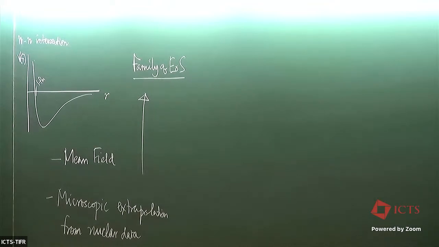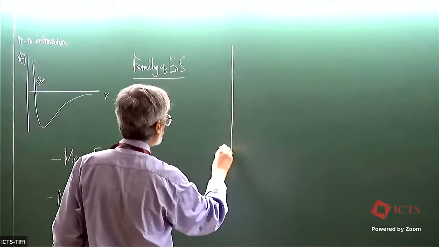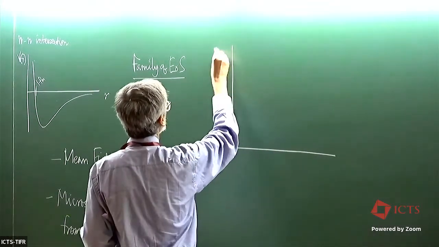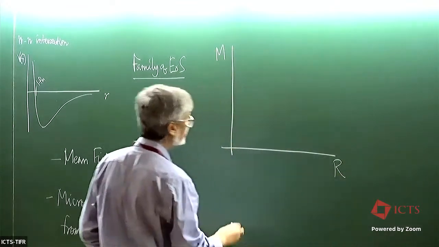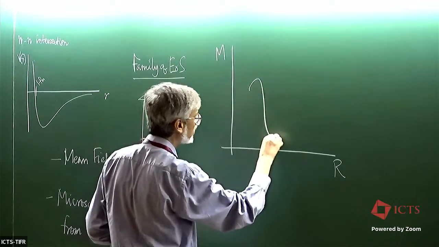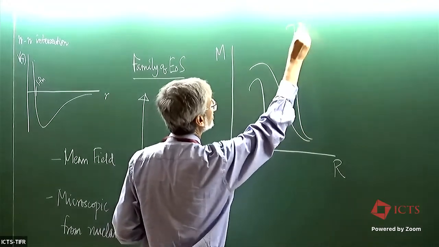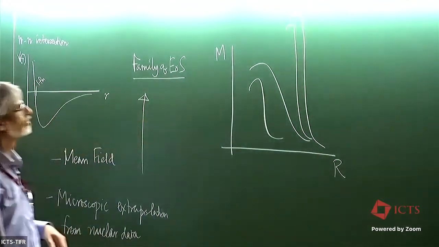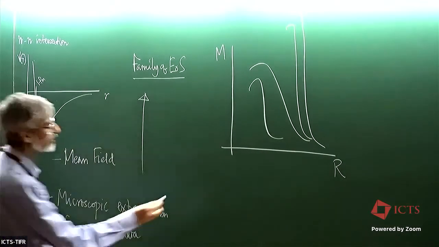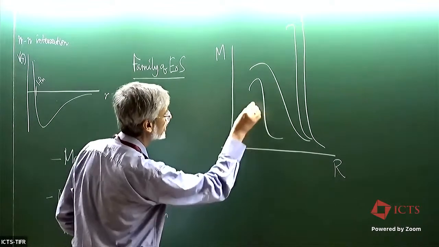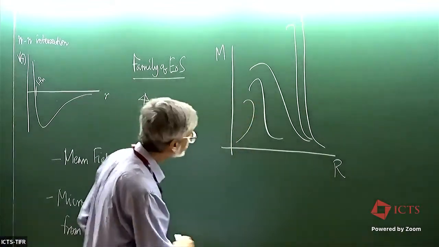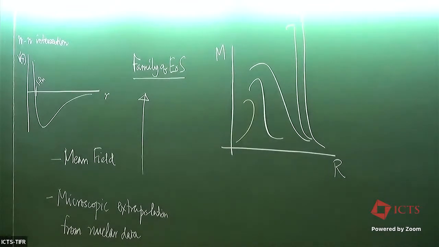So you will have, for different equations of state, mass-radius relations which look different. This makes it possible to probe this by astrophysical means.